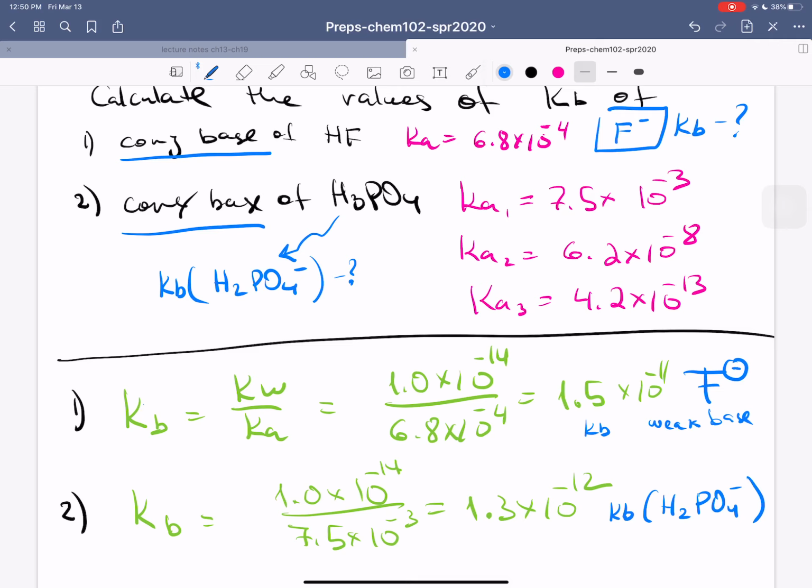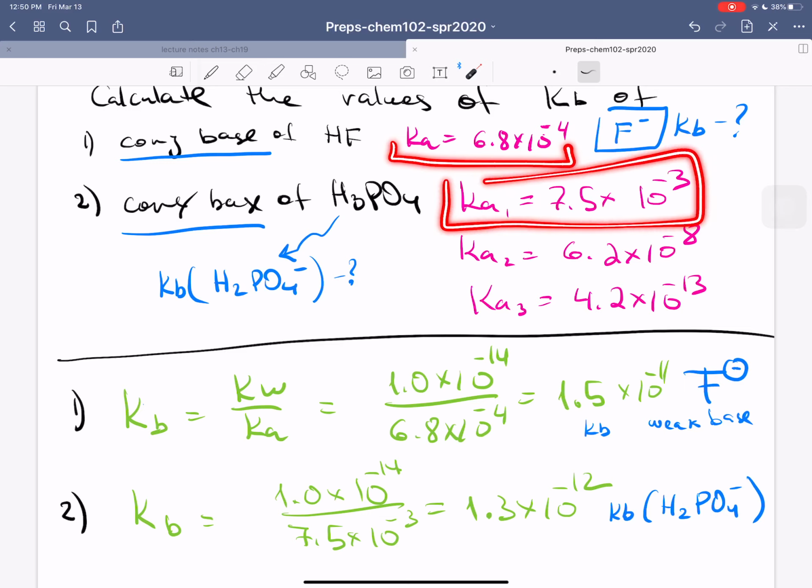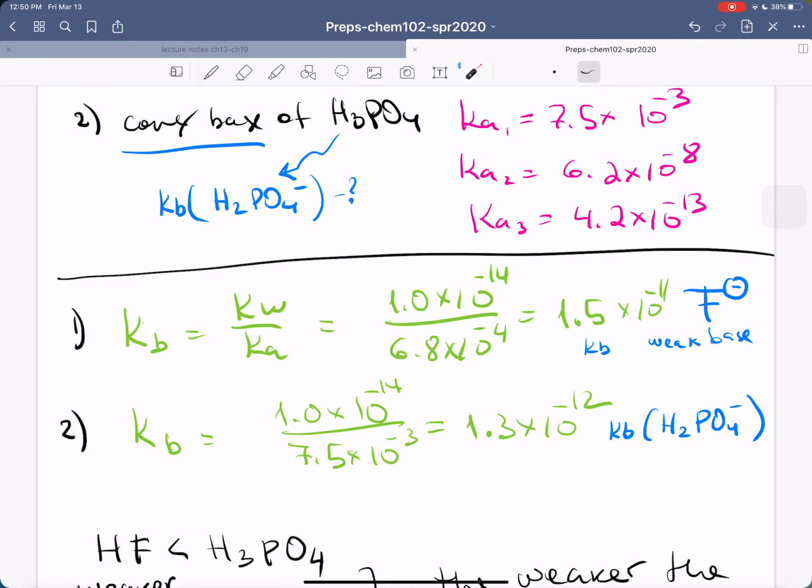Okay, so now let's analyze a little bit the data that we have. If we compare the value of the Ka of the hydrofluoric acid to the value of the Ka of the phosphoric acid, we clearly see that phosphoric acid is a stronger acid. So let's write it down. Phosphoric acid is stronger than hydrofluoric acid.